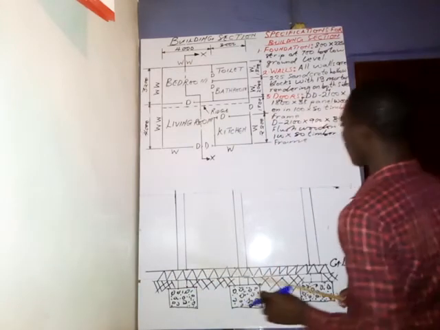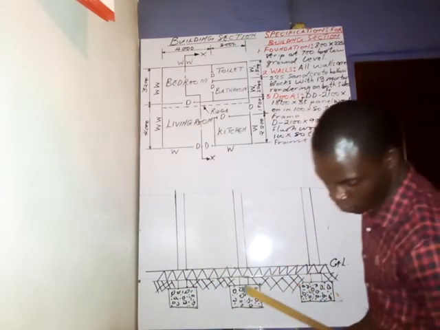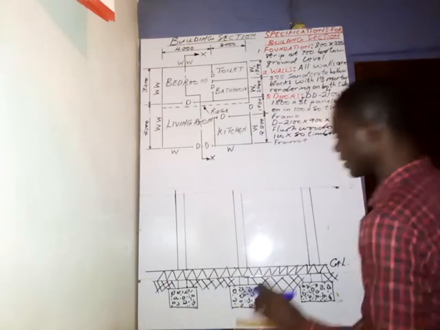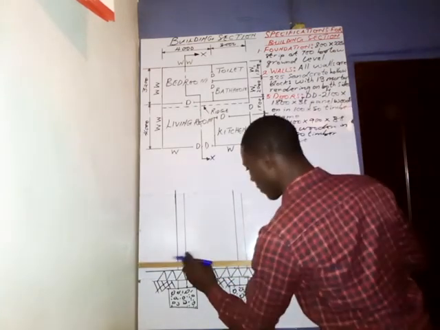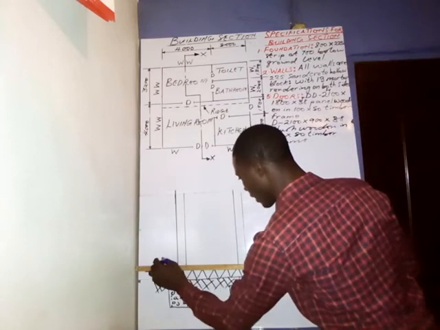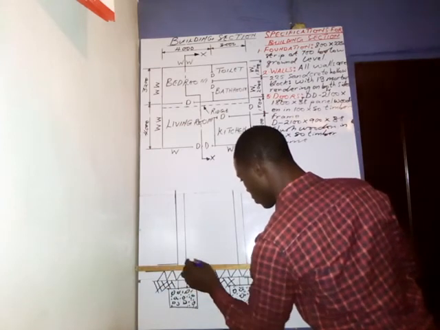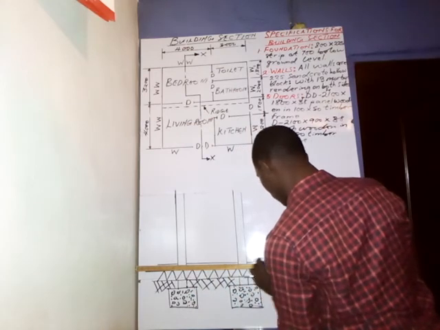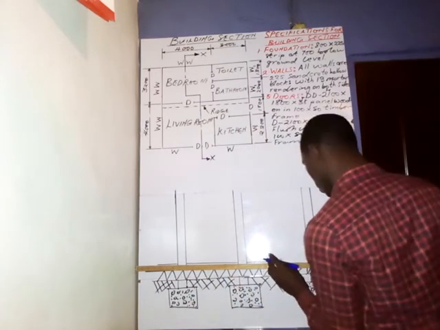Alright, so on the hardcore we have the concrete slab. The dimension of the concrete slab divided by 50 is 3 millimeters. So you take a measurement of 3 millimeters up and draw a horizontal line. This is how you draw it. The concrete slab will not cover the wall.